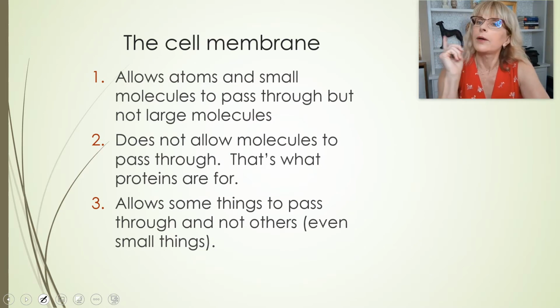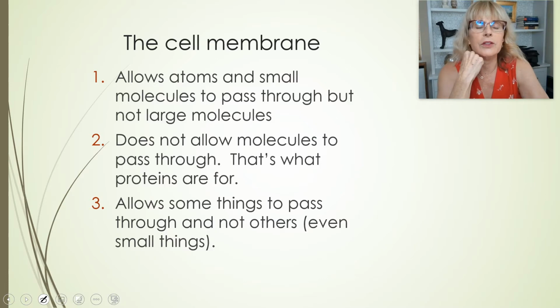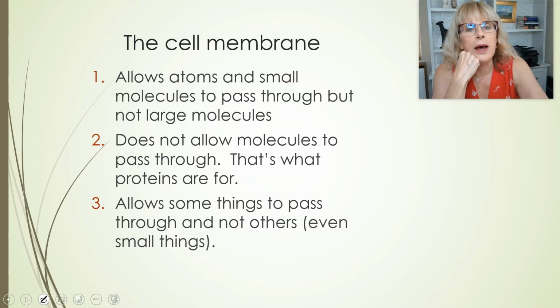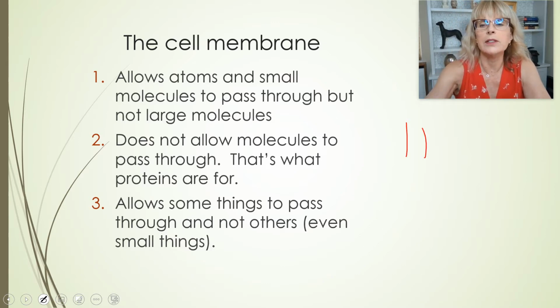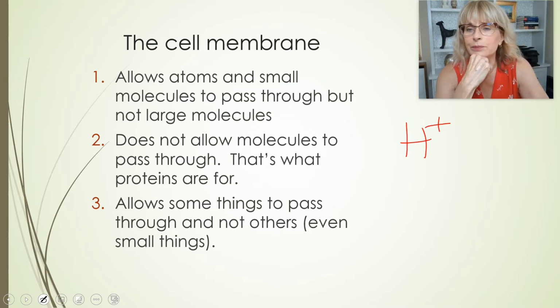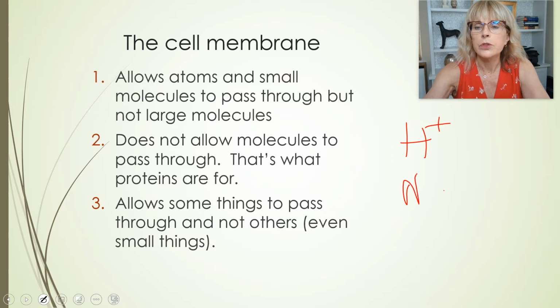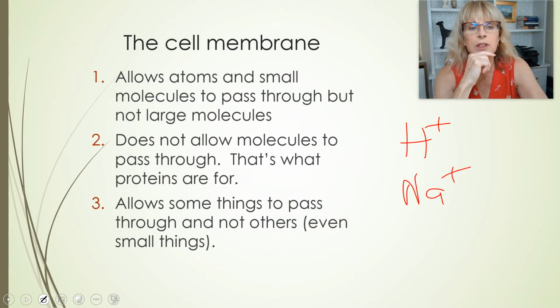Okay. The cell membrane. What's true about it? Pause the video because I'm going to tell you the answer, right? It allows atoms and small molecules to pass through, but not large molecules. Well, there are some really small things like hydrogen ion, which is just a naked little proton. It can't get through. Sodium is just an atom. It can't get through, right?